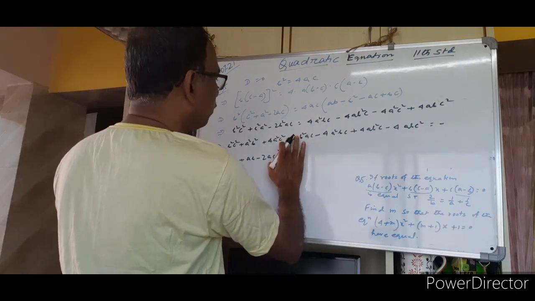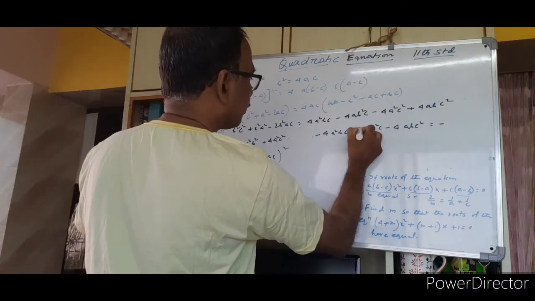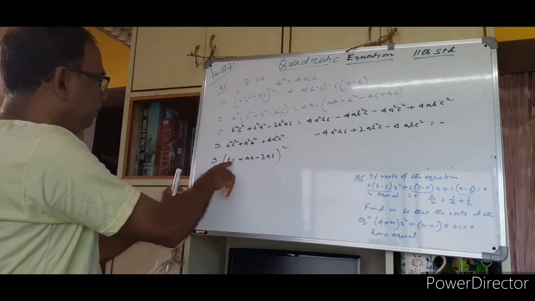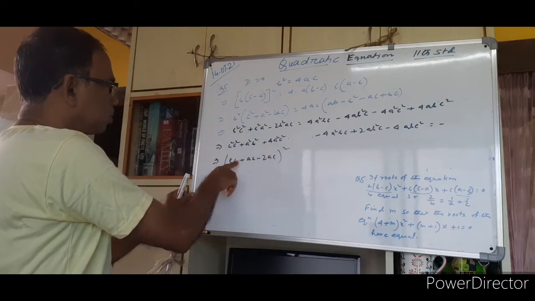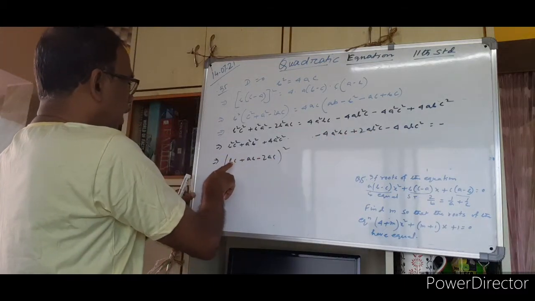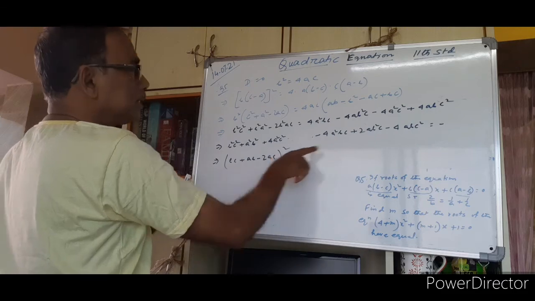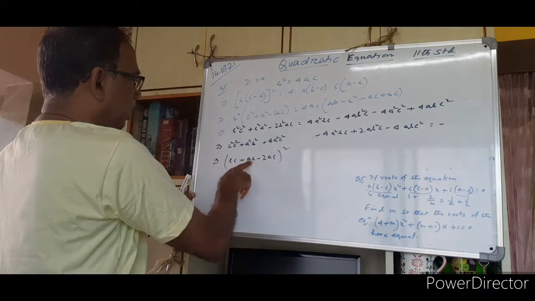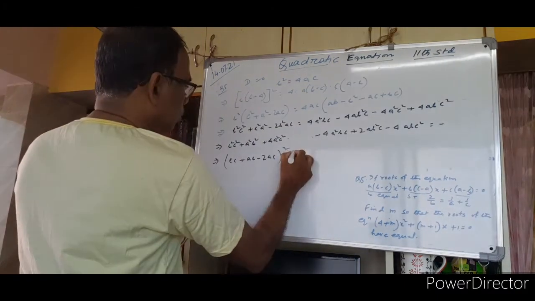This should be b square AC. This should be plus 2b square AC. Now breaking this, look here, b square c square, a square b square plus 4a square c square plus 2b square AC plus 2, 4a b c square, minus 4a square bc. So this equals 0.